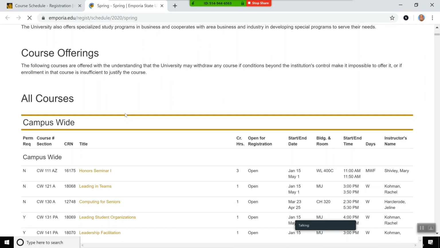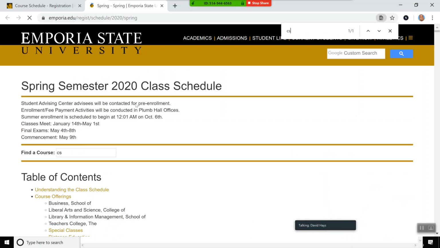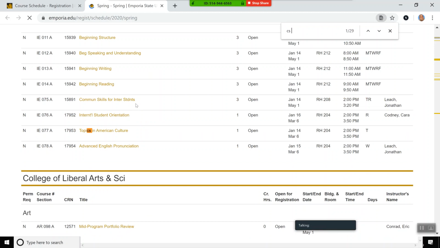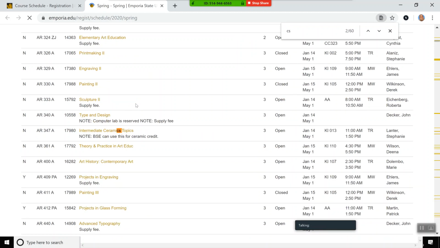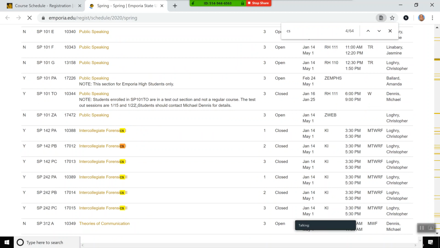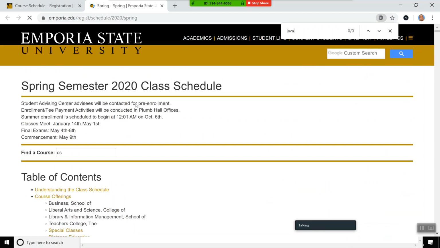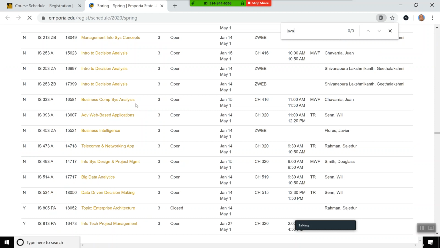Oh, it's one big page. Okay, Control F, CS space. Let's see if I go down there. That's where Java is. Okay, so here's IS.